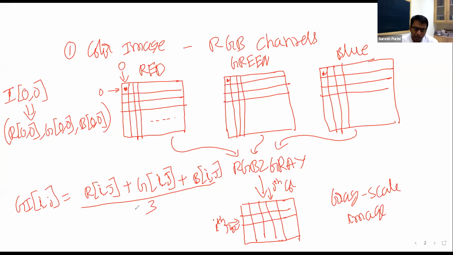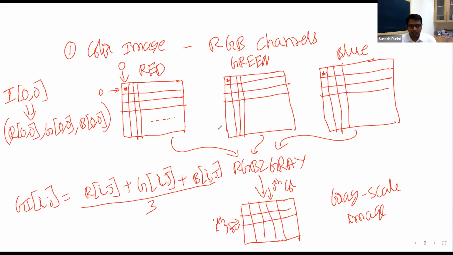Here we did a dumb, I wouldn't say dumb, thing. We used equal weightage for all three components. But if you go online, if you check Wikipedia, you will find different formulas for it. Like maybe 0.6 times the red pixel plus 0.3 times the green pixel plus 0.1 times the blue pixel, and so on.